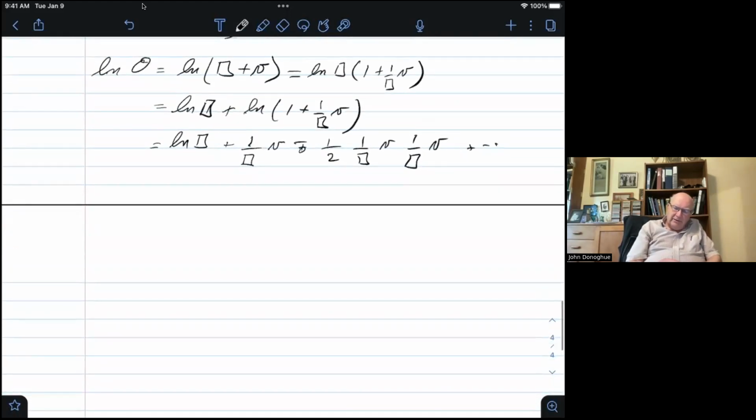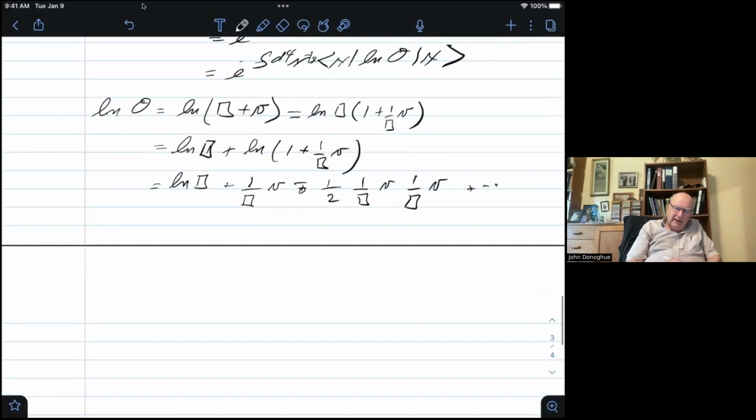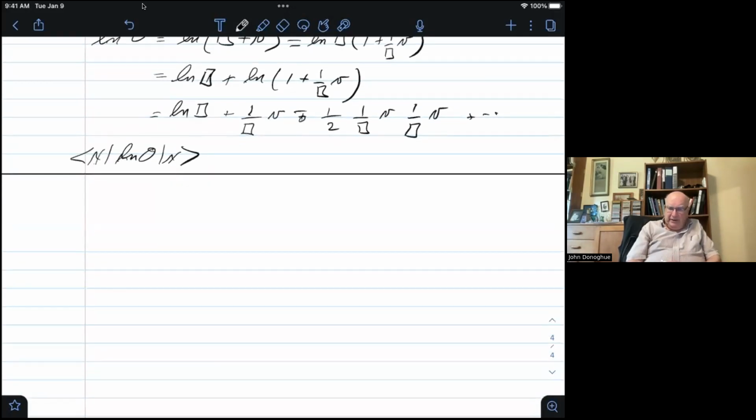The key to doing so is taking the x to x matrix element of this. The key is noting that 1 over box is the propagator. So if I have something like x, 1 over box, y, with 2 different points there, that's equal to i times the Feynman propagator.